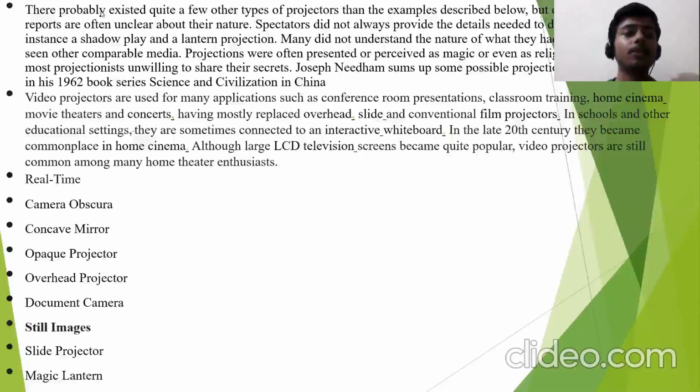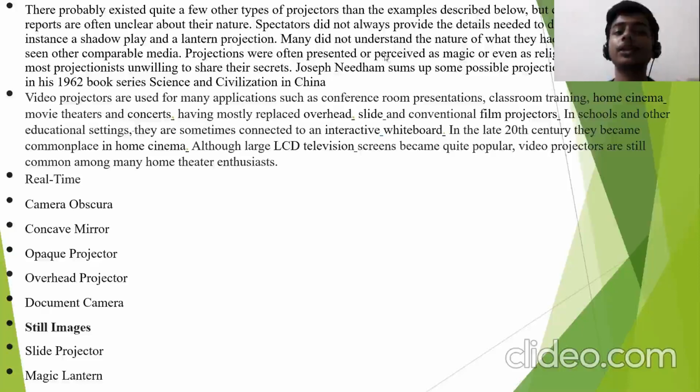There probably existed quite a few other types of projectors than the examples described below, but evidence is scarce and reports are often unclear about their nature. Spectators did not always provide the details needed to differentiate between, for instance, a shadow play and a lantern projection. But many did not understand the nature of what they had seen, and few had ever seen other comparable media.